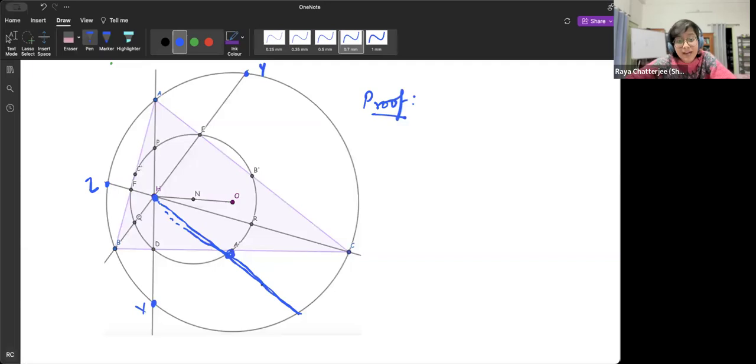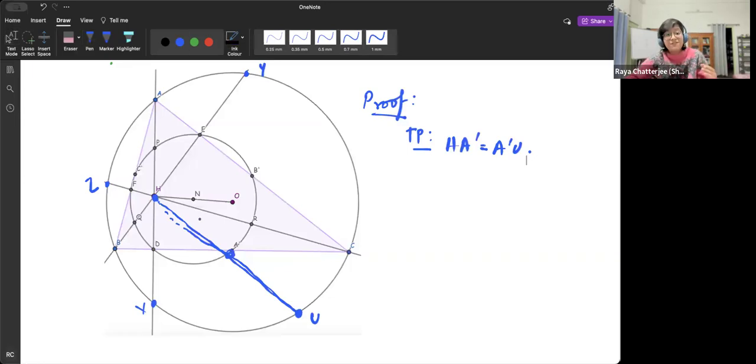So we extend HA prime and let it meet the circumcircle at, say, U. Therefore, we want to prove that HA prime equals A prime U. For proving this, we want to show that BHCU is a parallelogram. Why is that? Because BA prime equals A prime C, since A prime is the midpoint of BC.